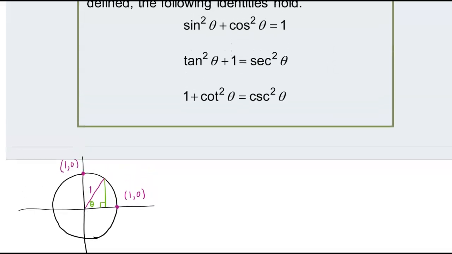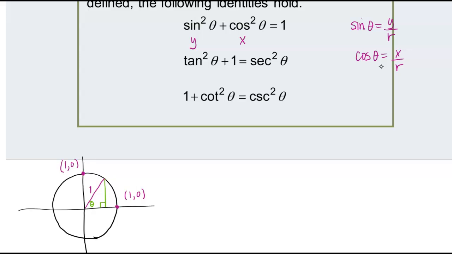So when that happens, the sine ends up being y, and the cosine ends up being x, because what we had for sine before, we had sine theta was y over r. But if r is 1, then the sine is just y. And we had that cosine theta was x over r.